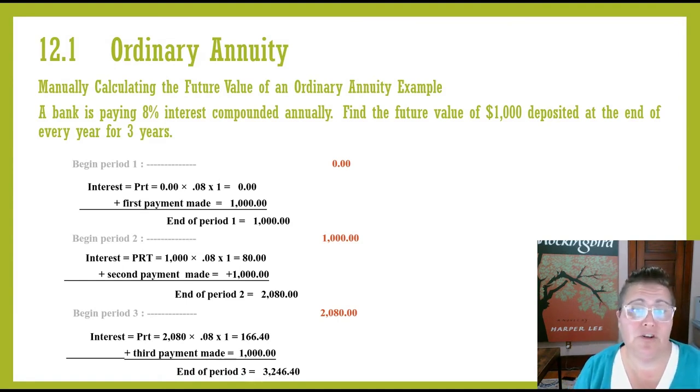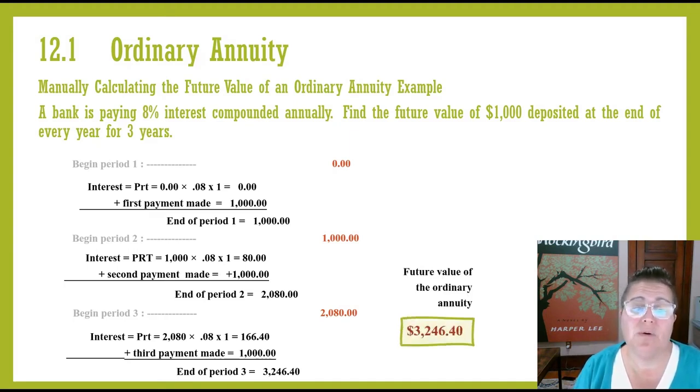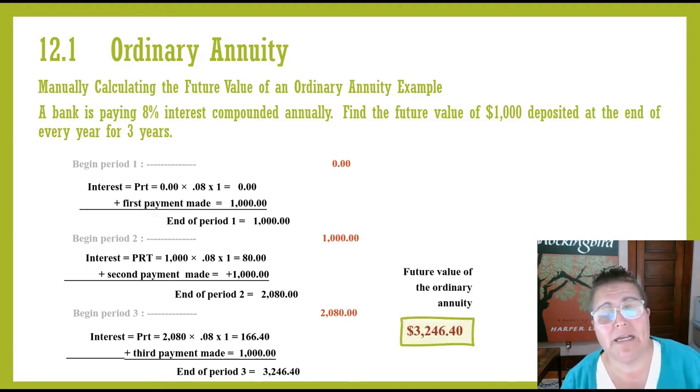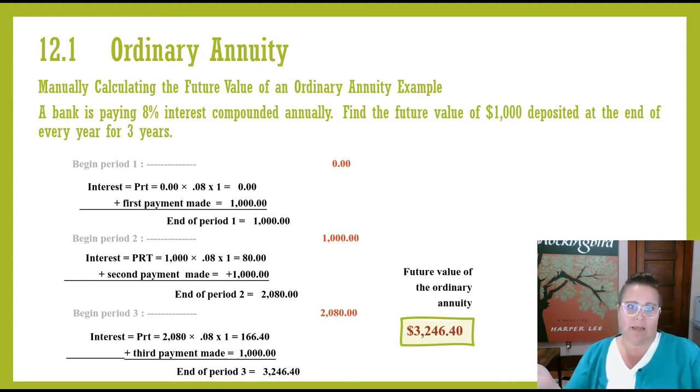So the future value of this account would be $3,246.40. Now, hopefully that gives you a better idea of how this works. And you can see that the interest is consistently being added, but because we're making payments into the account, the interest is going to, well, double and triple. It's going to start adding up, right? Quite a bit.